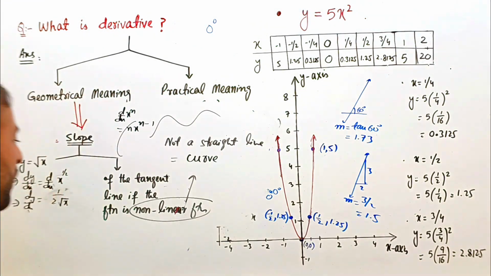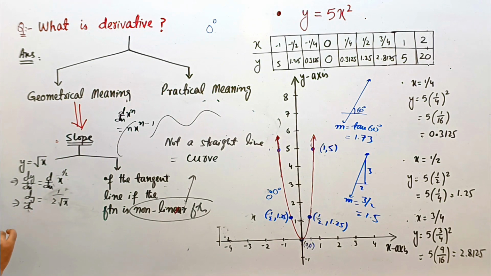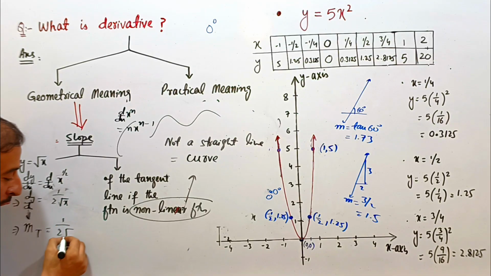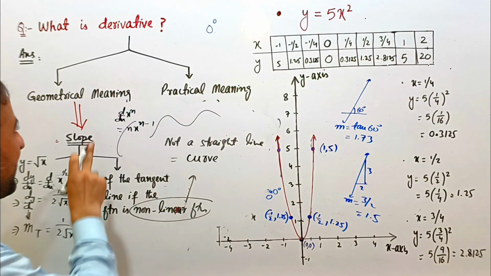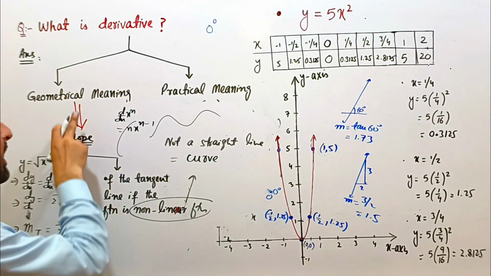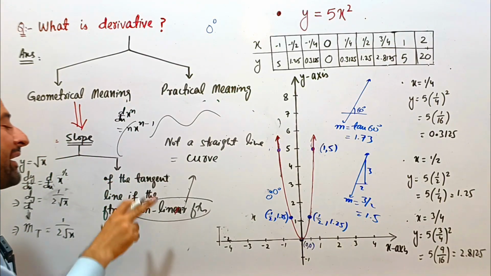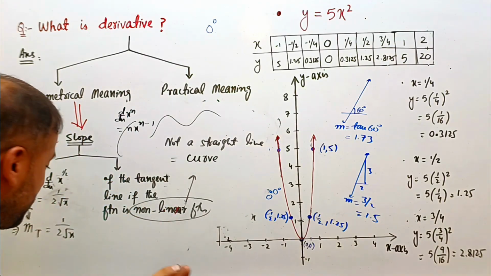Right, students? Okay, so what is this? This thing shows the slope of the tangent line drawn at that value of x. I said that the derivative will be the slope of the tangent line if the function is not a linear function.